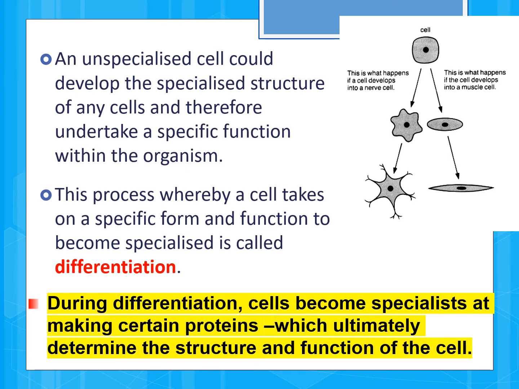We call that process of genes selectively being expressed or not cell differentiation. It leads to cells becoming specialists at making certain proteins, and the proteins that they make determine the structure and function of the cell.